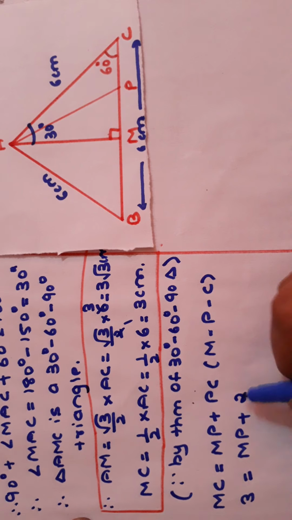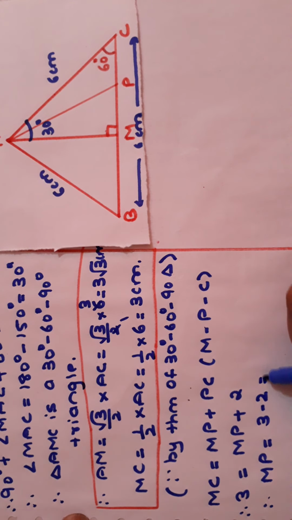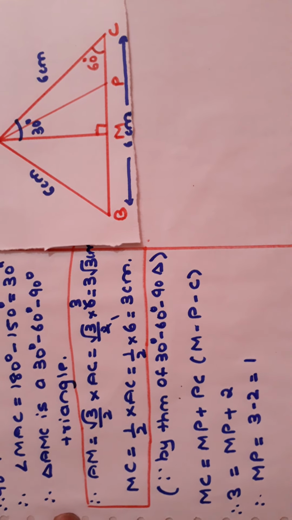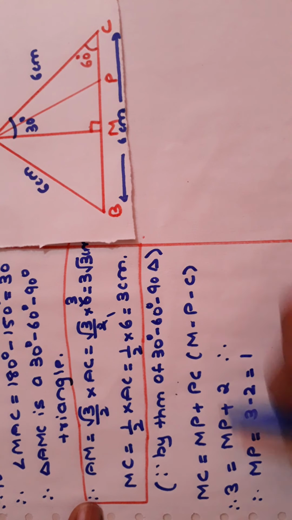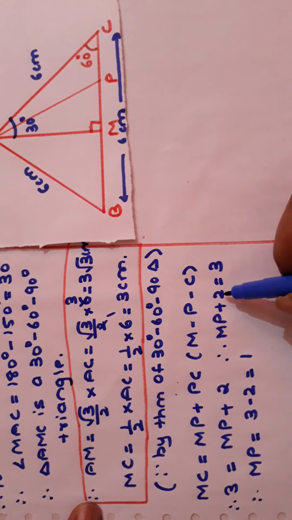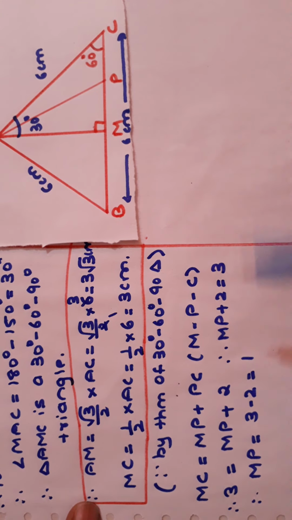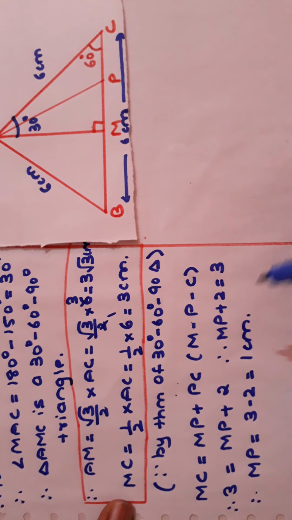So we got the answer as 2. And therefore MP is 3 minus 2, that is 1. Or you can interchange the left hand side and right hand side, and then take the 2 to the other side. MP is equal to 3 minus 2, that is 1 centimeter.